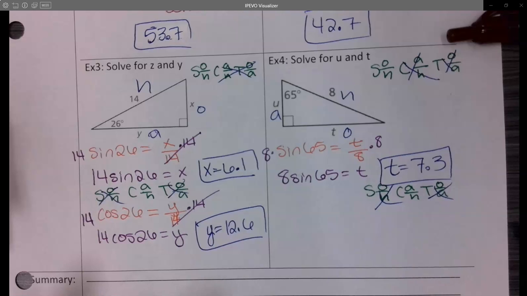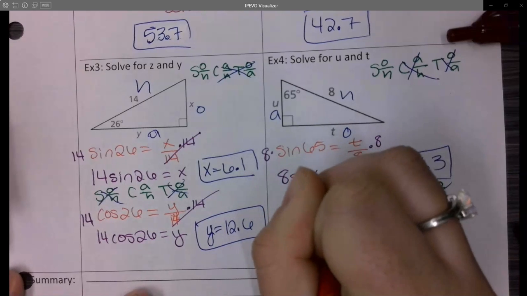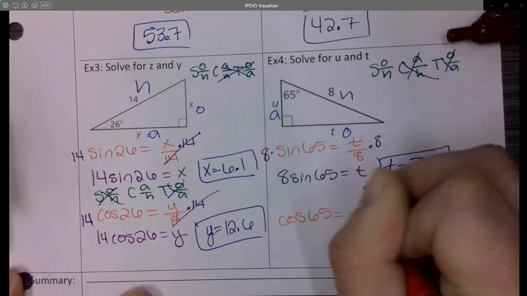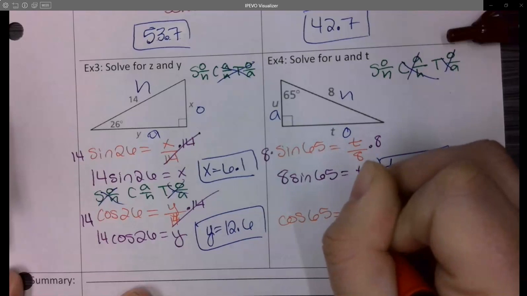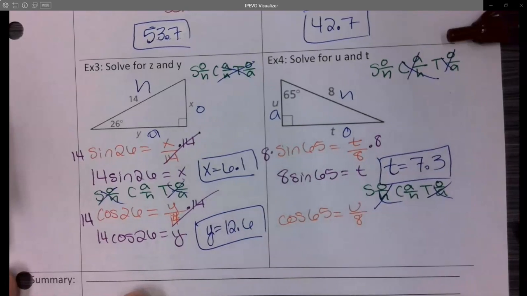Then I want to plug in. So I have cosine of 65 equals U over 8.